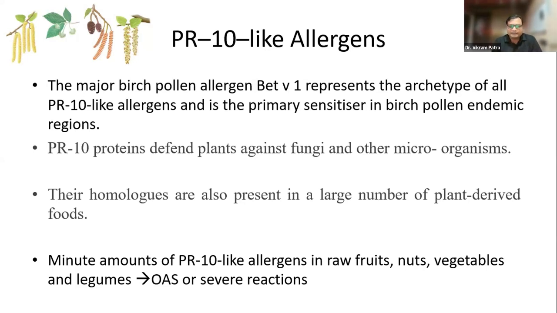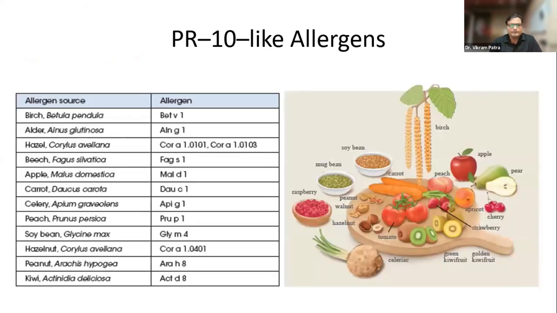So PR10 proteins defend plants against fungi and other microorganisms. Their homologs are also present in a large number of plant-derived foods. So minute amounts of PR10 like allergens are present in raw fruits, nuts, vegetables, and legumes. And these are responsible for oral allergy syndrome or sometimes severe reactions.